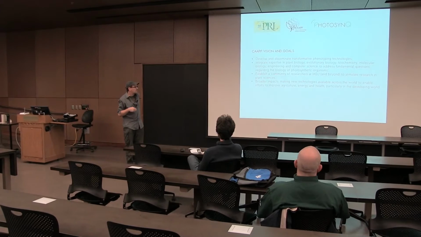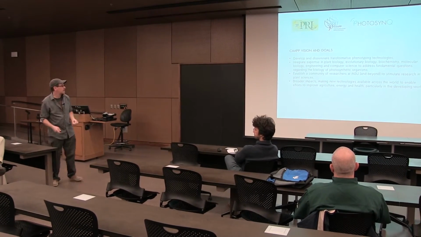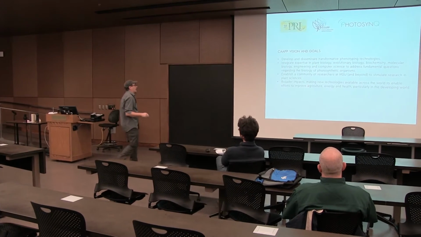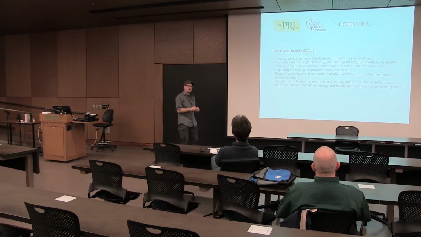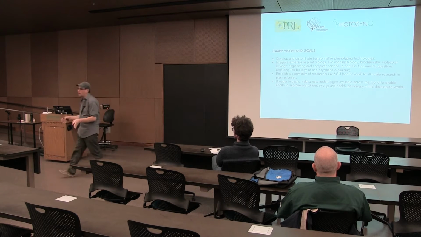To establish a community of researchers here at MSU who work together, catalyzed by this technology, and has broader impacts. Get this technology out into the world, particularly in the developing world, to try to solve big agricultural problems.